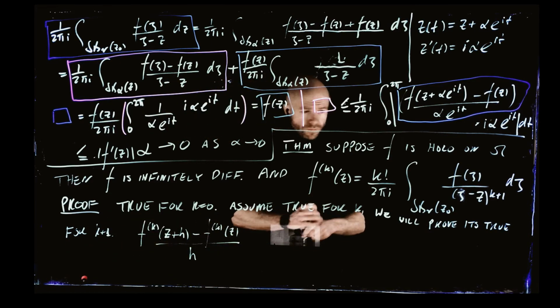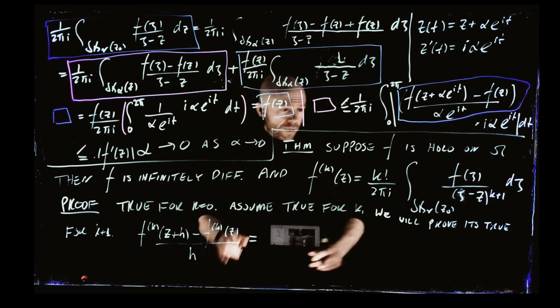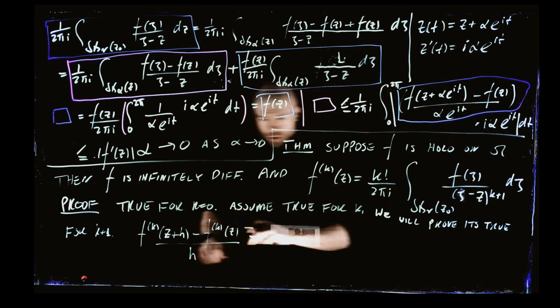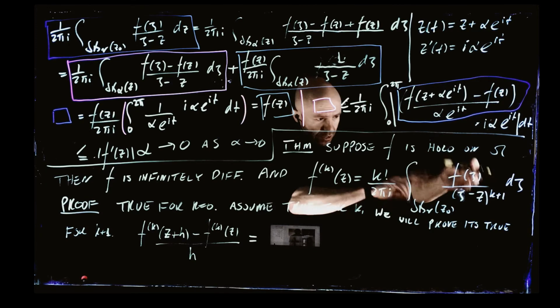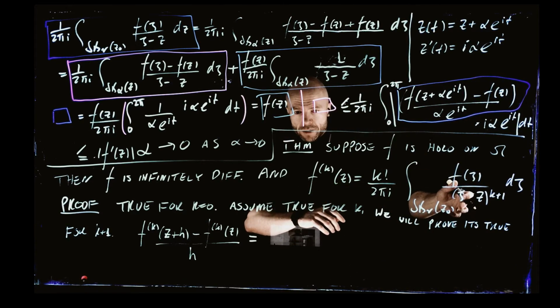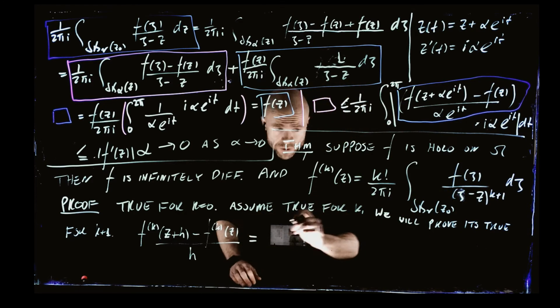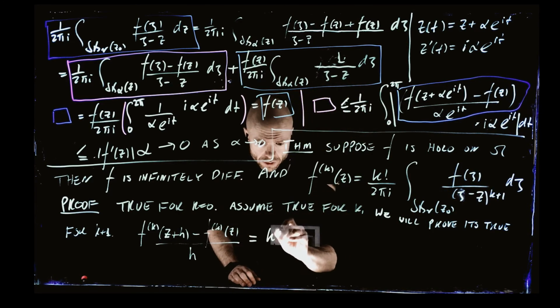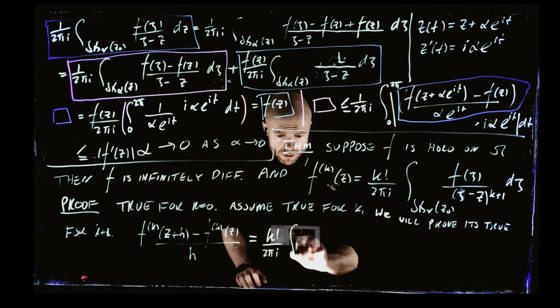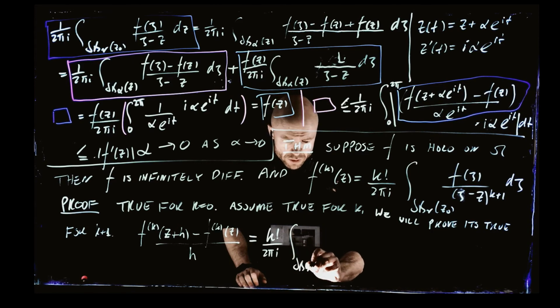And if we use the fact that we know that this is true for k, then we just put this formula into this thing right here. So that means that we're going to have k factorial over 2 pi i, and we're going to have the integral around the boundary of the ball of radius r around z0.